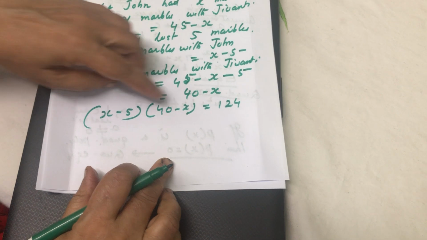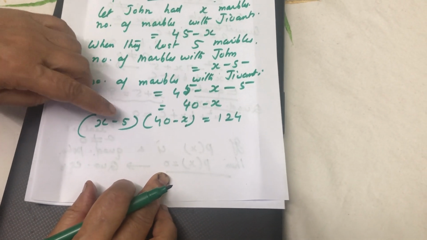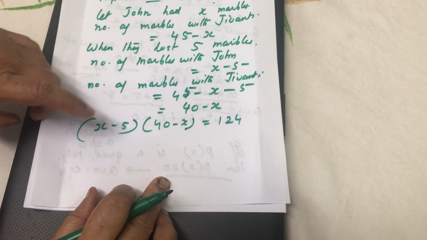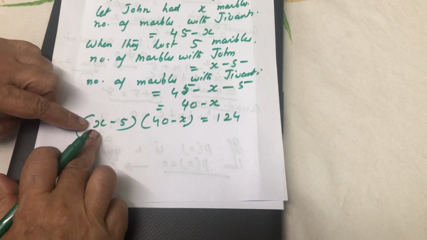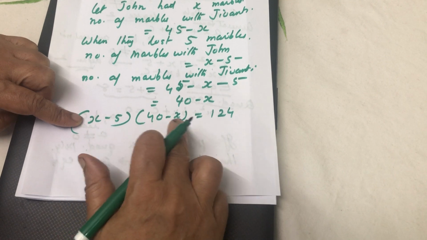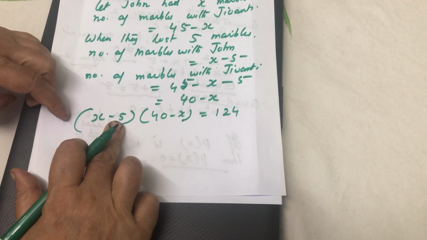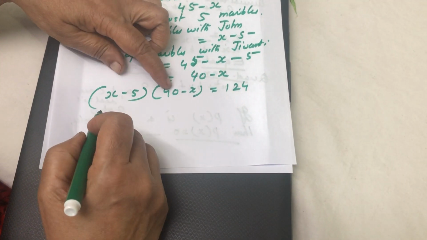Now you have to multiply. You know how to multiply? Each term of the bracket you have to multiply. See, 40 minus X: you multiply both terms with X, then you multiply both terms with minus 5.